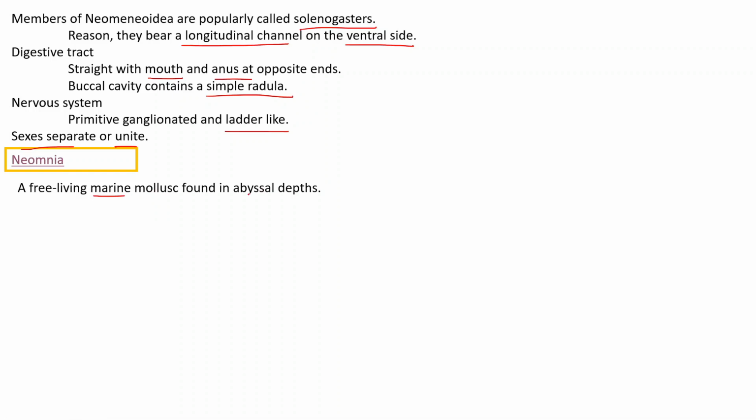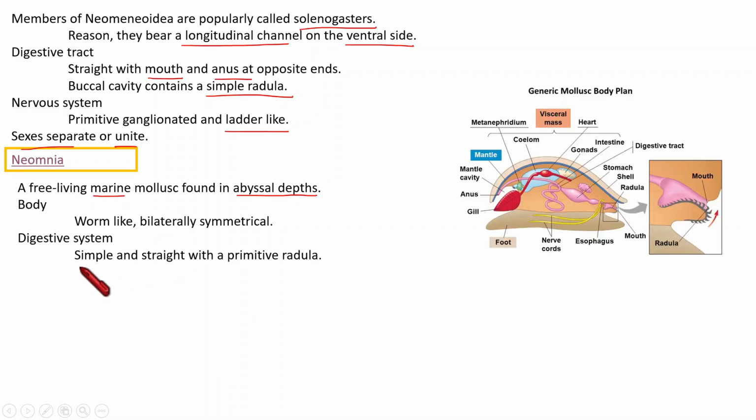Marine mollusks found in abyssal depth. Abyssal means deep, the bottom of the ocean. Body worm-like, bilaterally symmetrical, and regarding the digestive system, it is simple, straight with the primitive radula. I'm just going to show you the appearance of the radula.